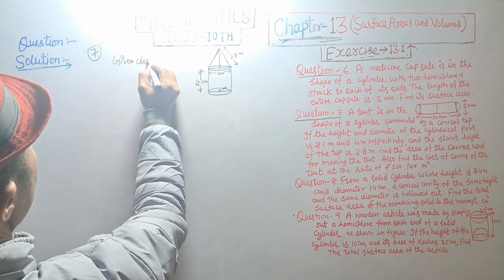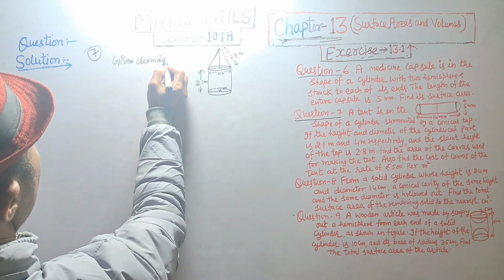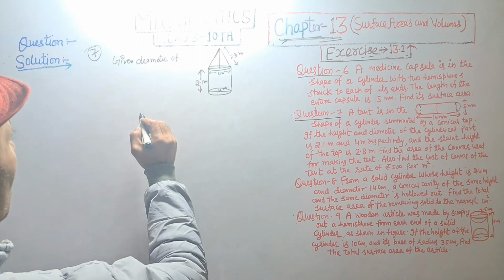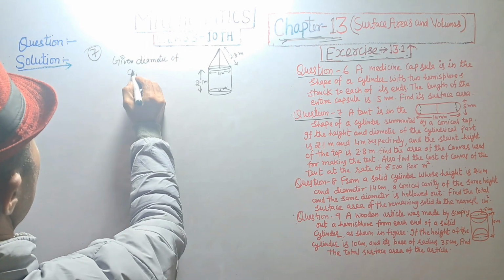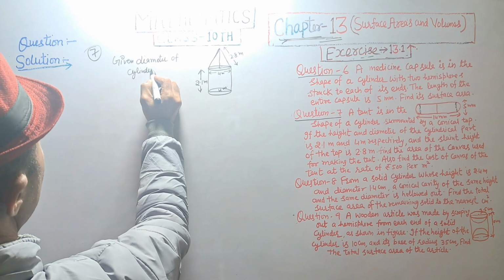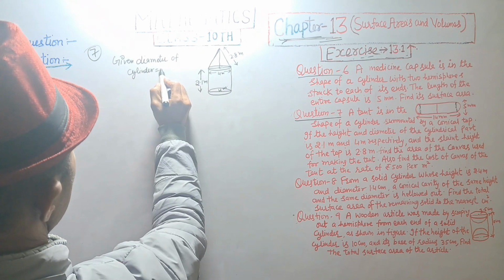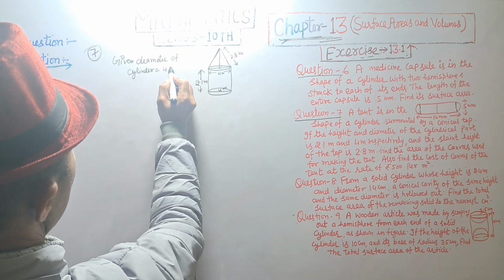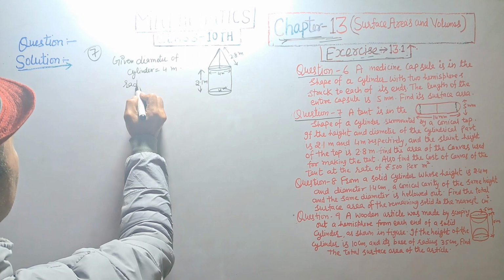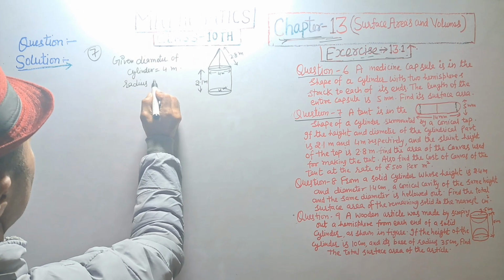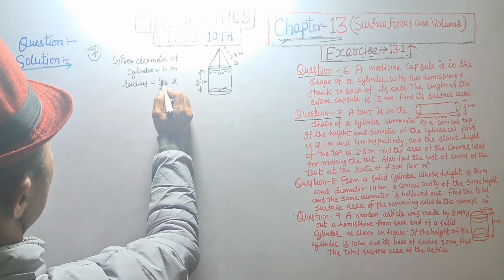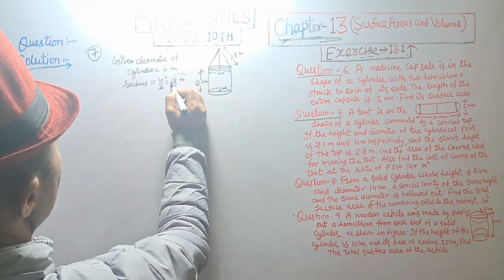Given: diameter of cylinder is equal to 4 meter and radius is equal to 4 upon 2, that is equal to 2 meter.